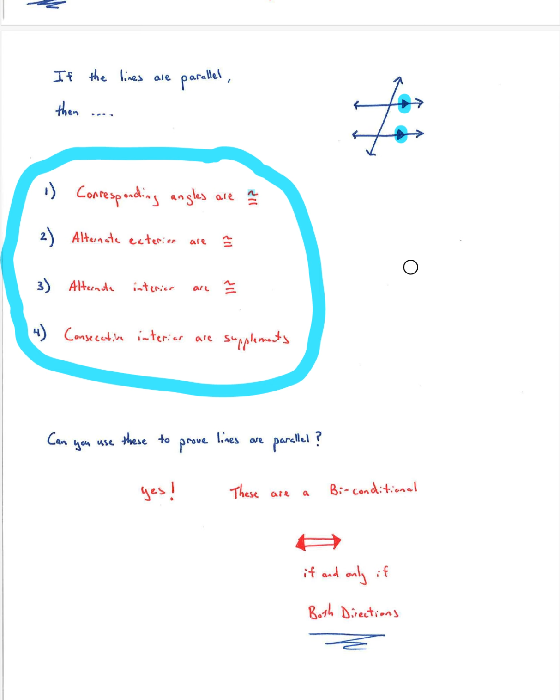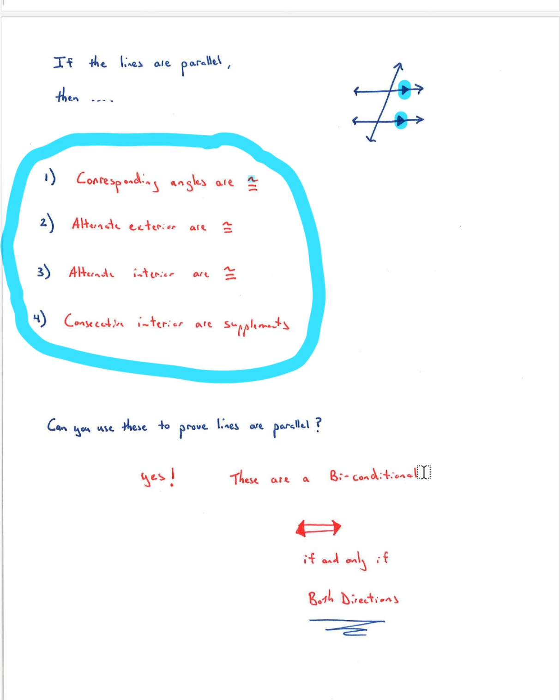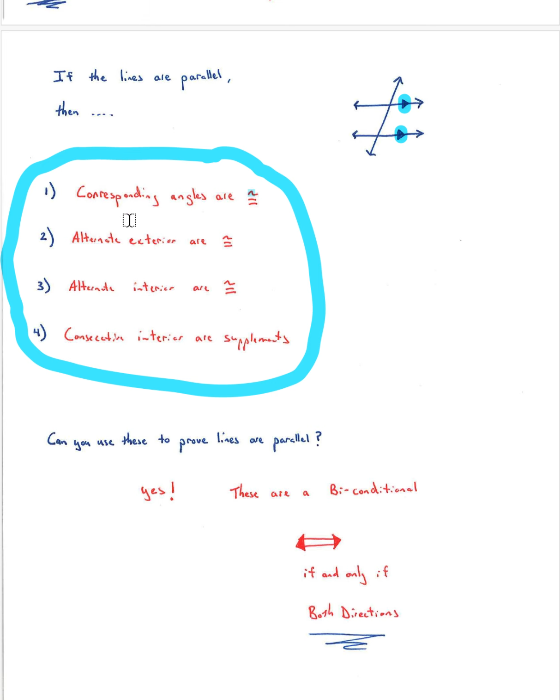And actually, we can go the other direction, which is called a biconditional. If you can tell me that any one of these 4 is true, then you know the lines are parallel. And again, we haven't got into a lot of proofs and logic, but one of them is saying if the lines are parallel, then the blue is true. This is true. But I also can say that if this is true, then the lines are parallel.